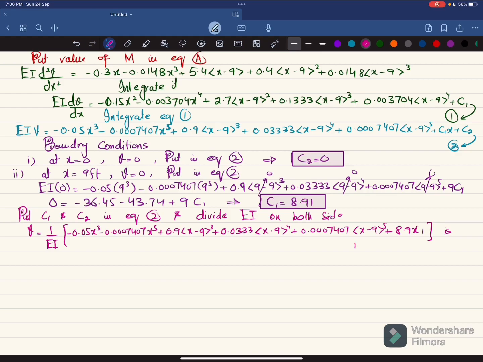This is the required equation of the elastic curve.